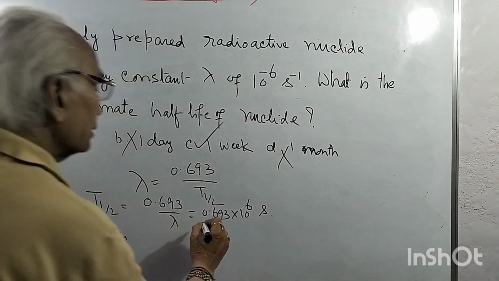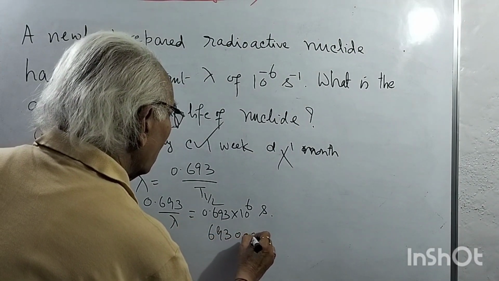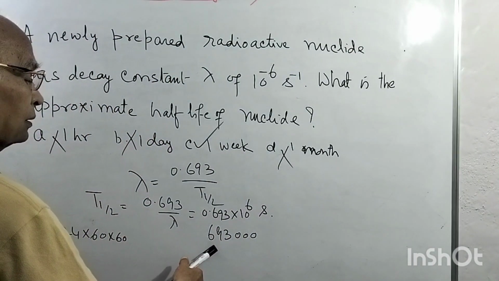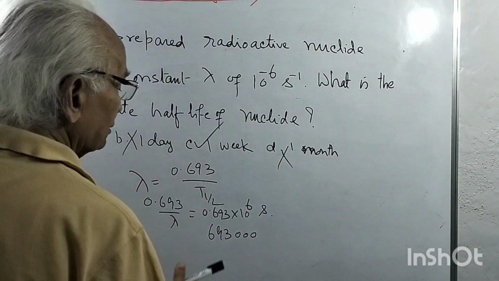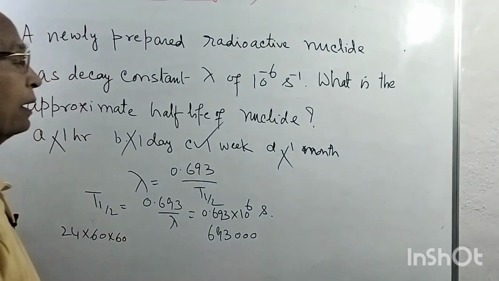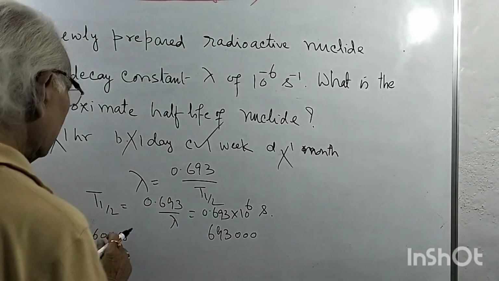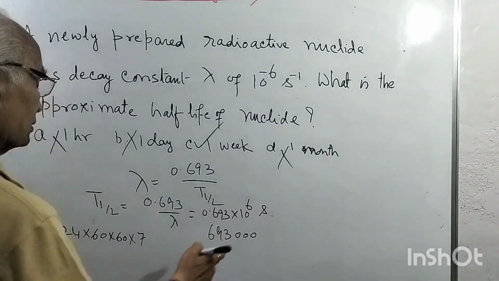This not possible, because answer is 693,000. And obviously this is not possible, this is very large. So the correct answer is the C part, 1 week, because this into 1 week means 7 days.